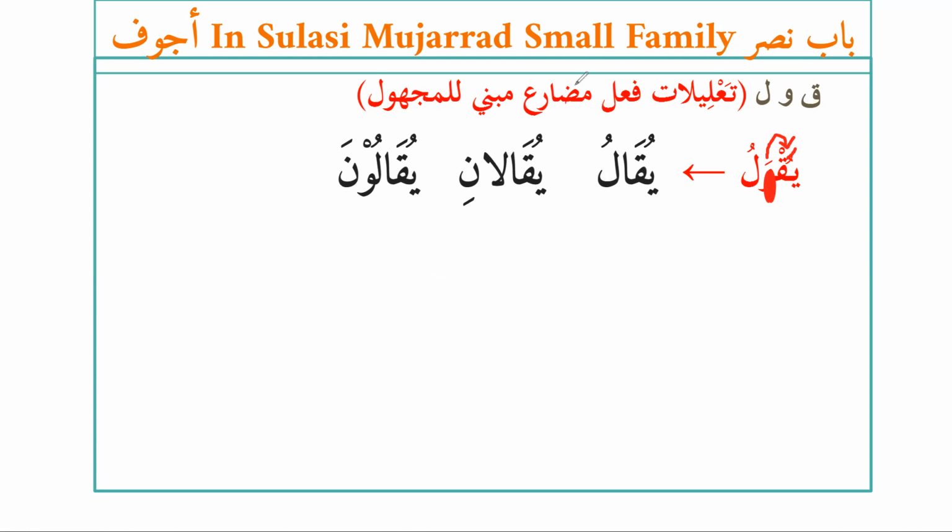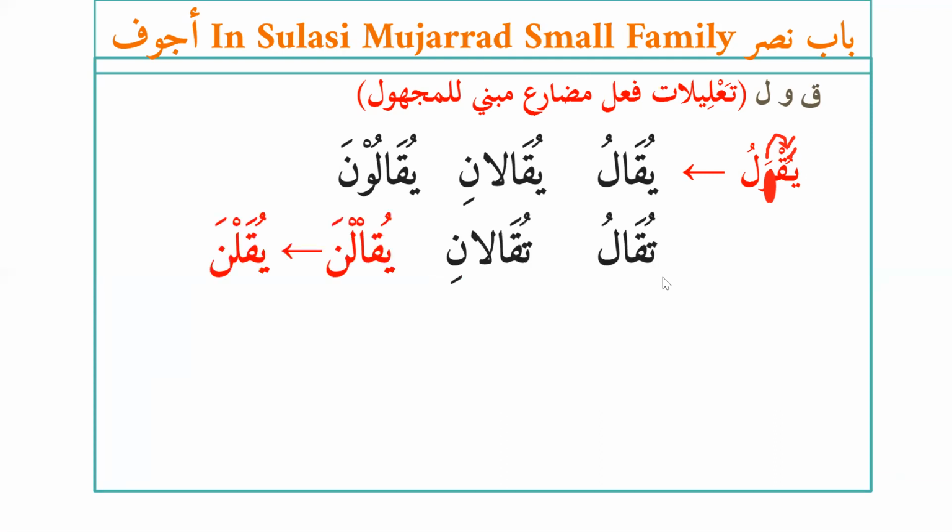So yuqalu. That's how the changes are in the huwa form. Once you have the huwa form, it is very easy to go for other forms. So huwa yuqalu, huma yuqalani, hum yuqaluna.